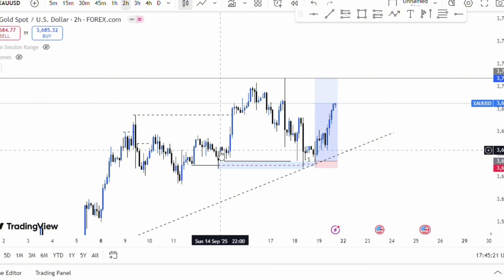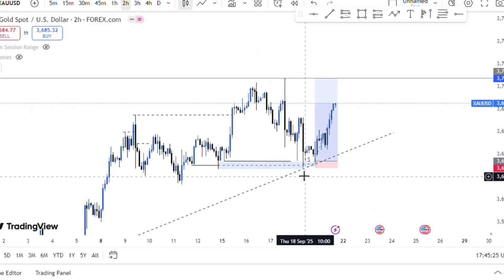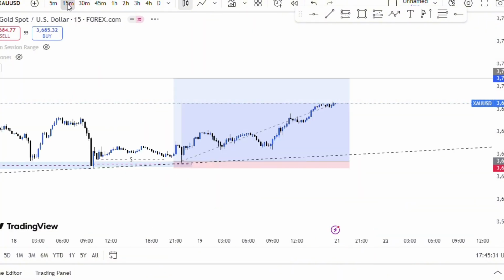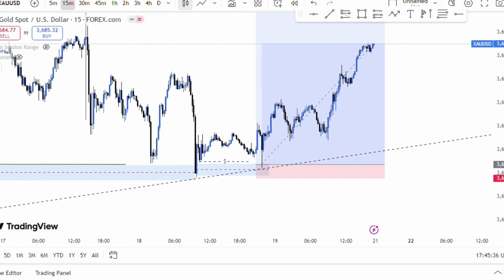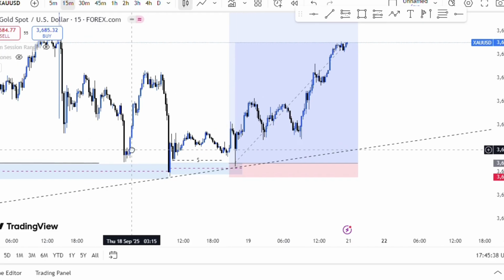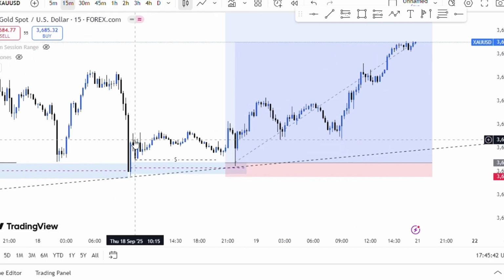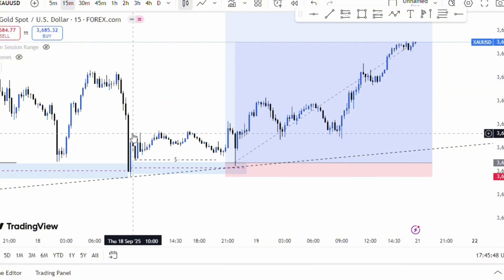I spotted the level and a sweep of liquidity, it pushed up, break of structure, the market came back to the level, and after coming back, I stepped down to the lower time frame. I'm going to show you guys where I took this trade from, and how far it went, which you are seeing here by the side of this video. This is when I took the trade, this is where we are, and this is the profit I made from the trade. Stuff like that is very, very simple.